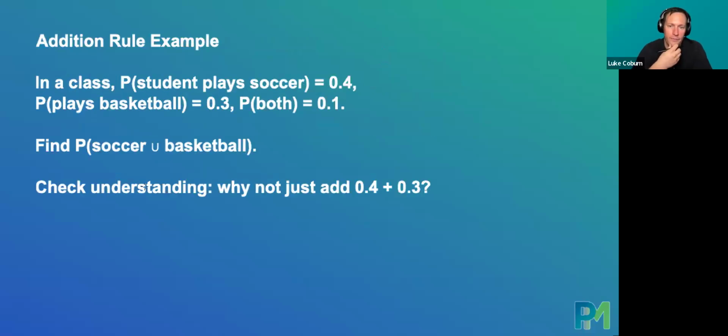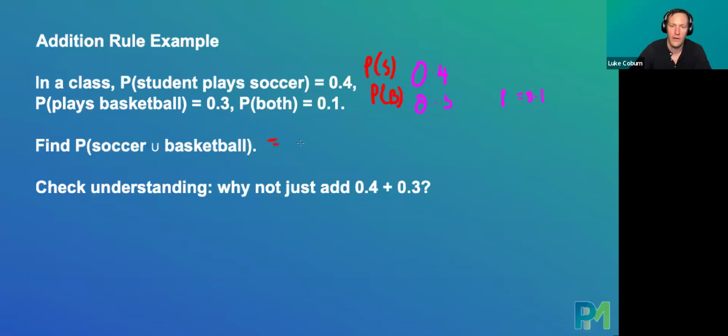Okay, so we have the probability that a student plays soccer is 0.4. And the probability that a student plays basketball is 0.3. And the probability of both is 0.1. And we want to find the probability of soccer or basketball, right? So we're going to call this the probability of S for soccer, the probability of B for basketball.